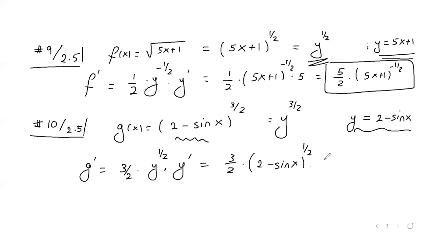Y prime is 2 prime, which is 0, and then negative sine x prime, which is going to be negative cosine x, because sine x prime is cosine x. All right, so this is going to be the final answer. You can pull out the minus sign in front of the formula, but we don't need to do that. So I'm going to leave it like that.